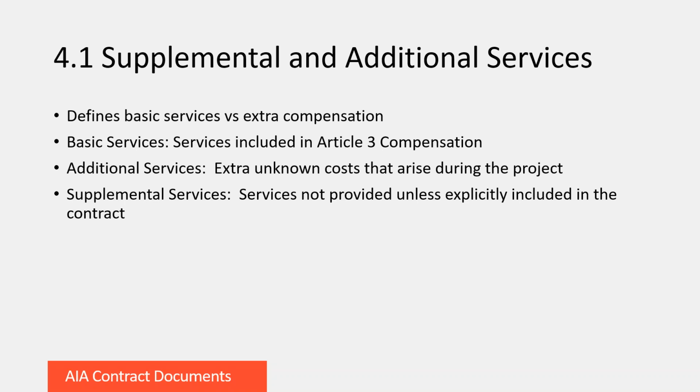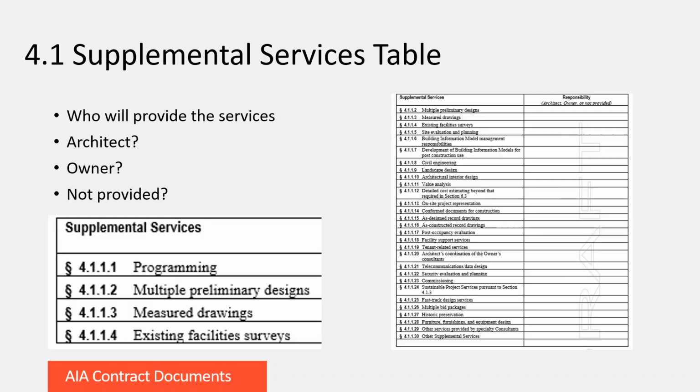So it's important to keep the distinction between the supplemental services that are things that are defined initially and the additional services that change during the project. And also to be sure that you're referring back to the different compensation provisions for all of these categories of the architect's services in Article 11, which we'll look at in a few minutes.